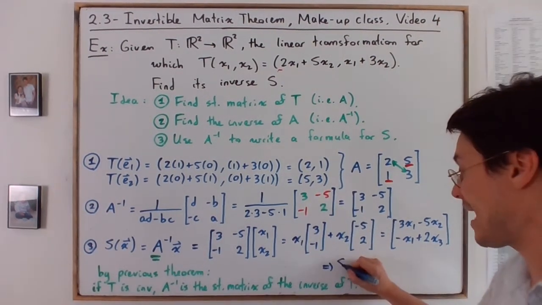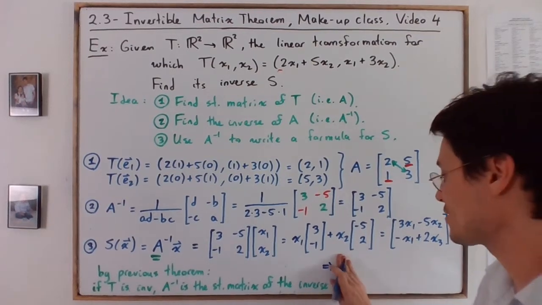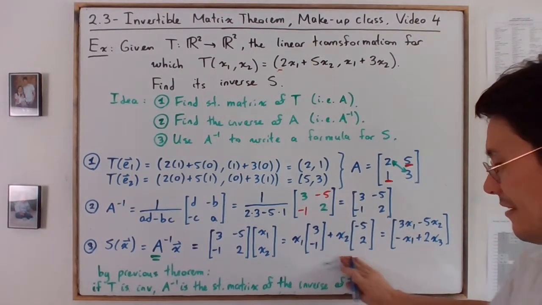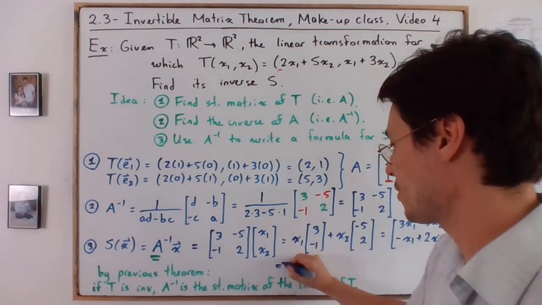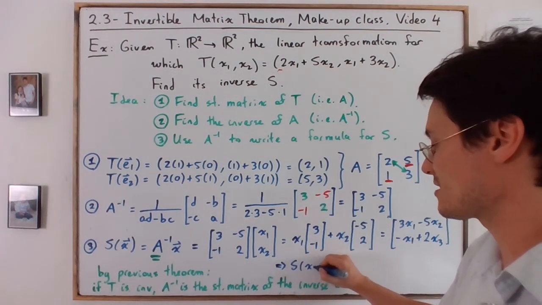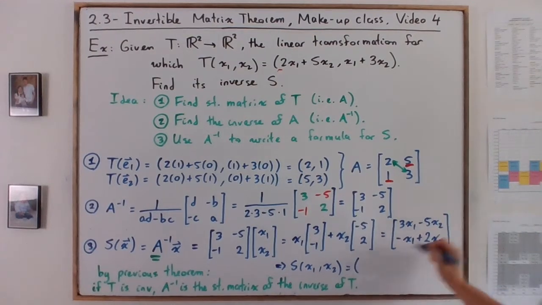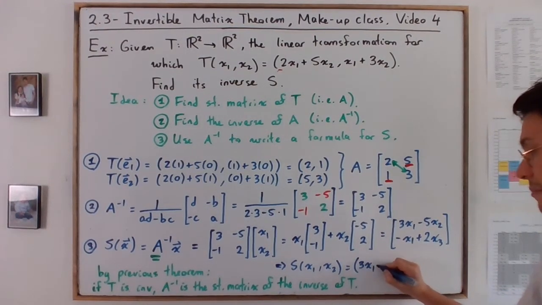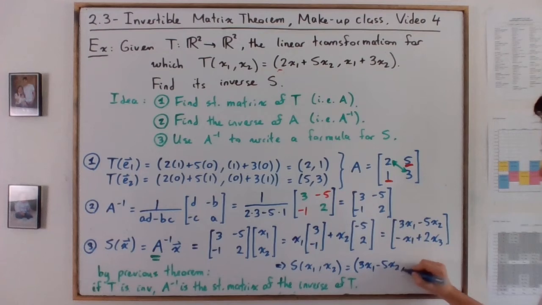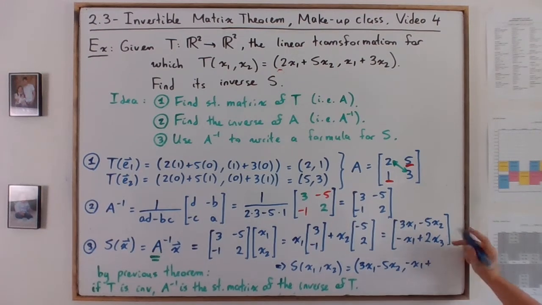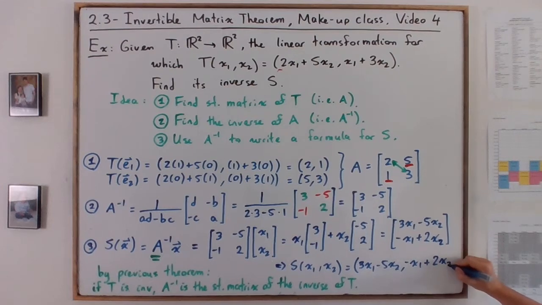Your final answer is that S of x1, x2 is going to be equal to the vector with these two components. So 3x1 minus 5x2, and then minus x1 plus, oops, typo here, plus 2x2.